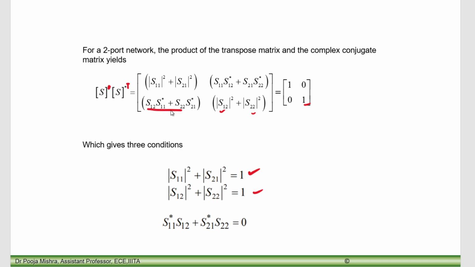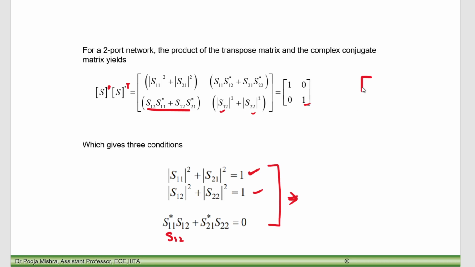And similarly this condition, S12 S11 conjugate, which is almost the same, just the conjugate term appears over here. So we have this condition. When these three conditions are obtained, we say the network is lossless. What does it mean?